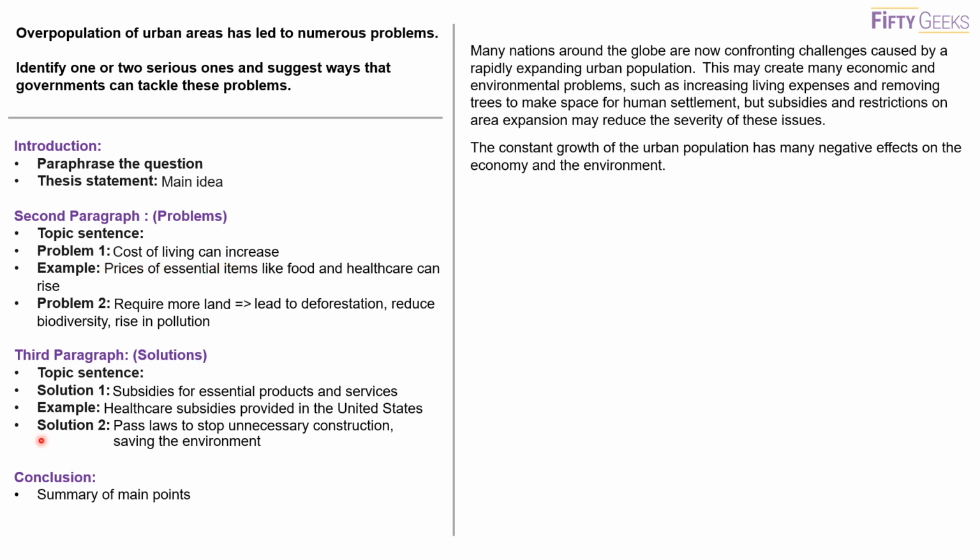to overpopulation. I can write this as, first of all, overcrowding has resulted in an increase in the cost of living in urban regions. Then, as per our format, I'm going to add an example to support this explanation.